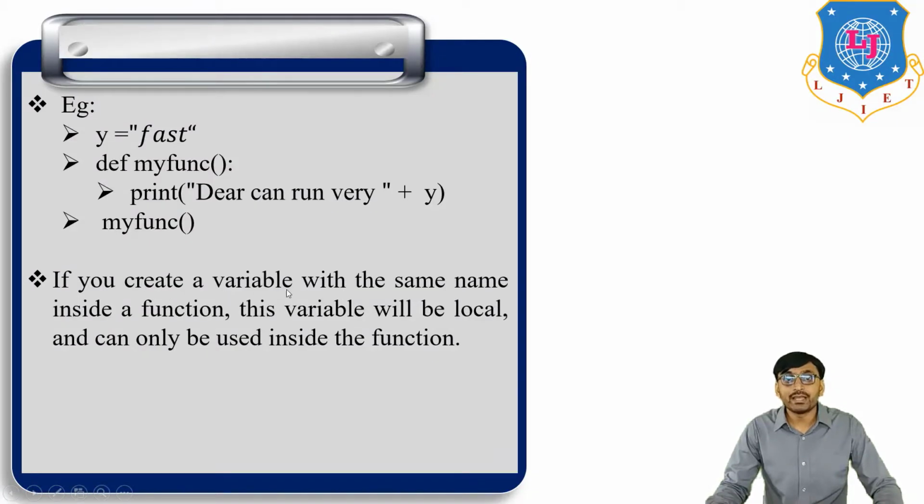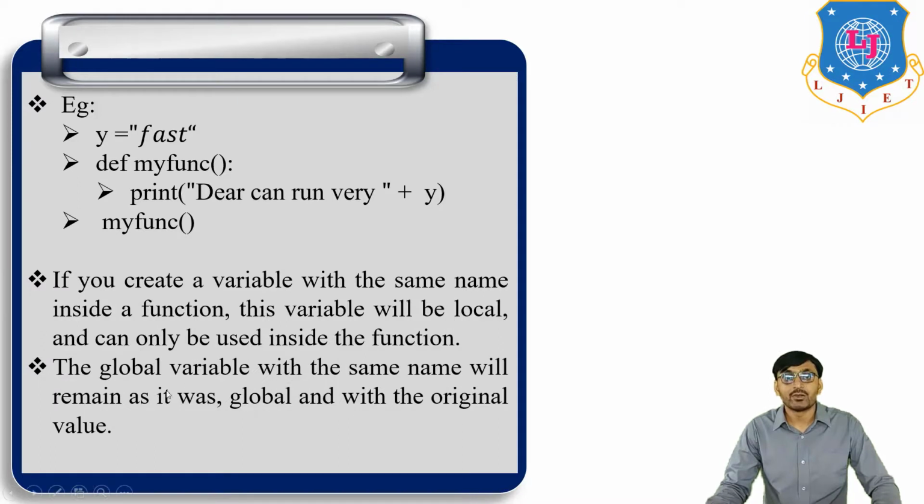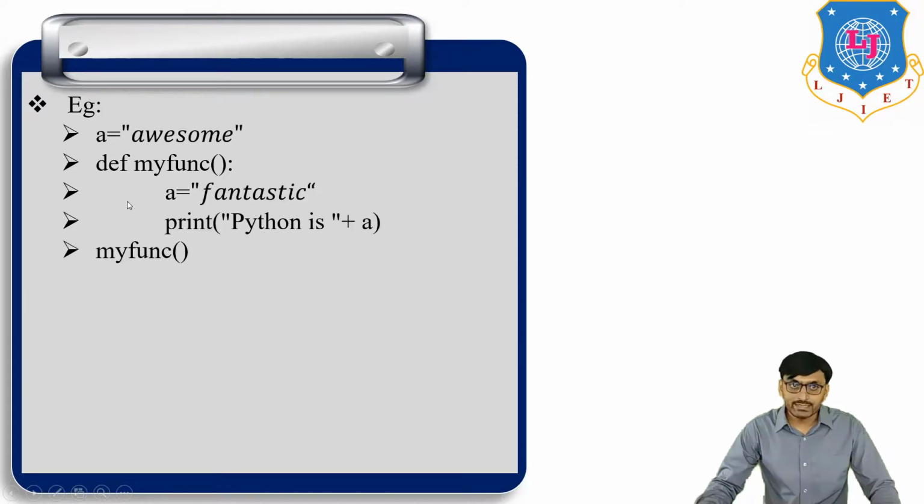If you create a variable with the same name inside a function, this variable will be a local variable and can only be used inside the function. The global variable with the same name will remain as it was, global and with the original value. For example, A is equal to awesome.